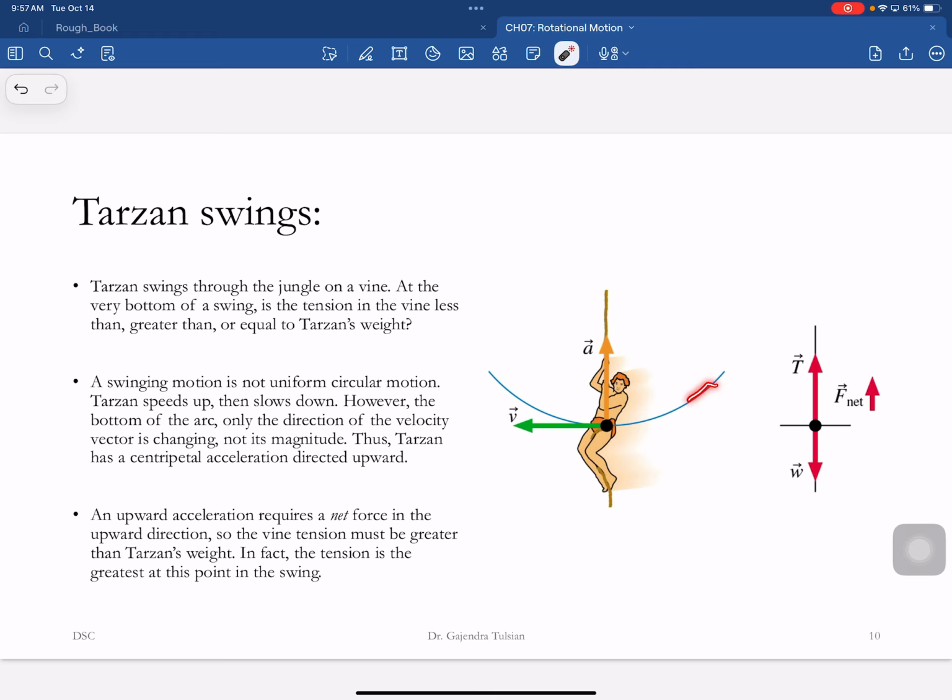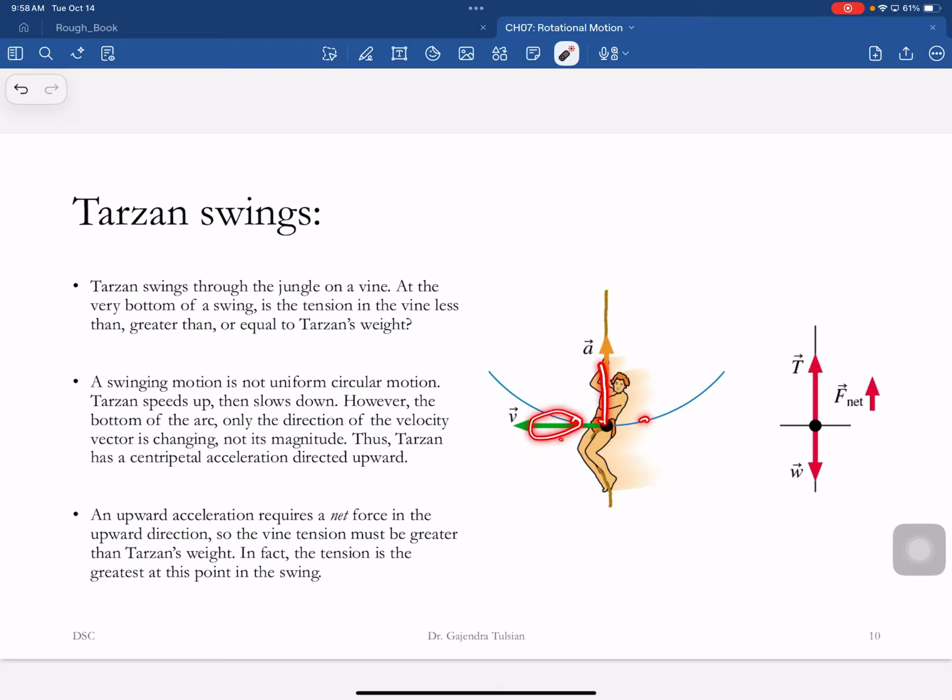Here's Tarzan swinging on a vine, and you see his center of mass is going in a circular orbit. Now, in this problem, his speed is increasing as he's falling down, but we'll apply this right here near the bottom, where his speed is constant. So at the bottom, here's the speed.